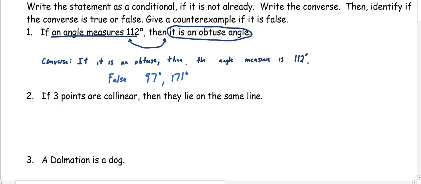Number two, if 3 points are collinear, then they lie on the same line. So our converse here, we're going to switch again the hypothesis and the conclusion. So our converse is now if 3 points lie on the same line, then they are collinear.